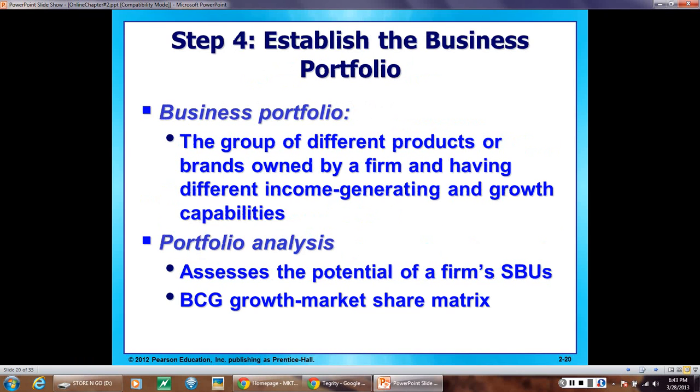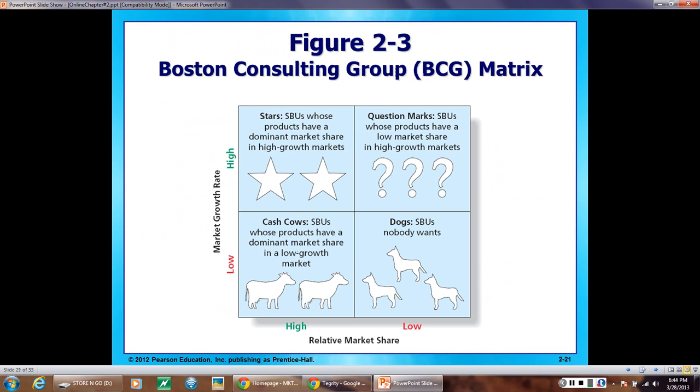Okay, here's your business portfolio. There are a variety of ways to look at this. We'll go through one of those. But again, if you think back to Wright State, our portfolio would be something like the School of Medicine, the College of Engineering, the College of Business, so on, so on, so on. Now, there's one way of analyzing your business portfolio.